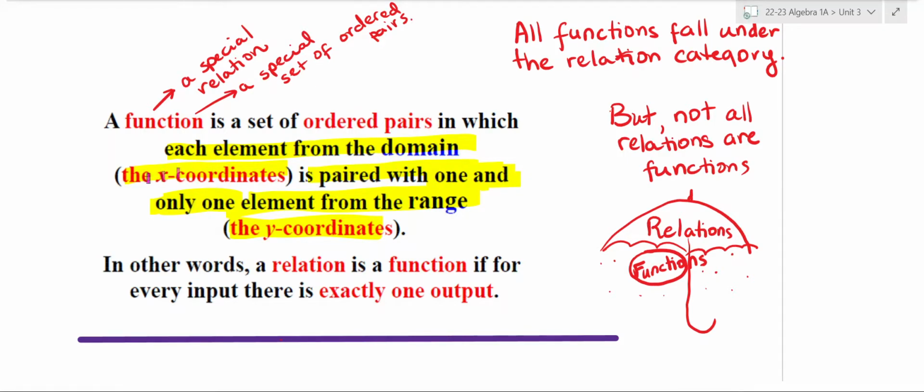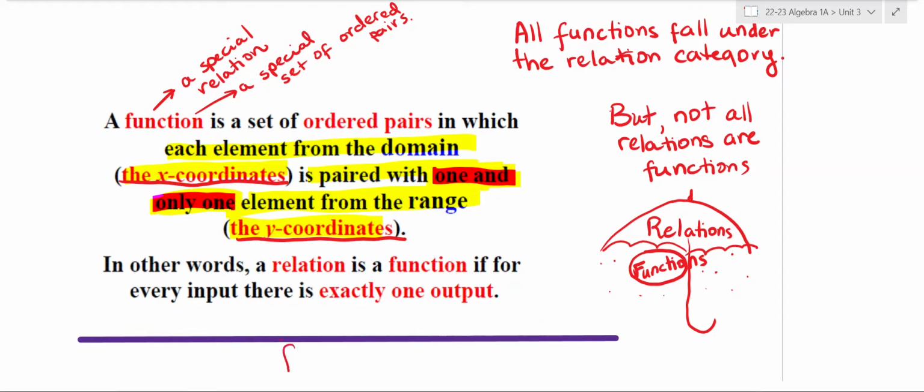Say that again: the x coordinate has one and only one y coordinate. A function only has, for every single x, only one y.